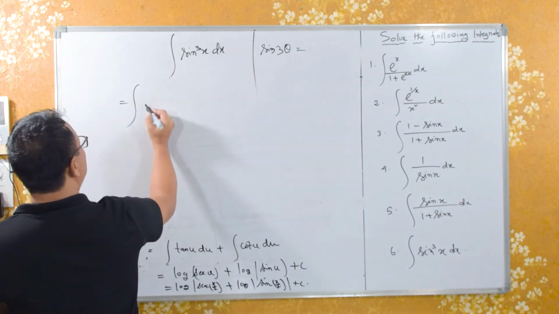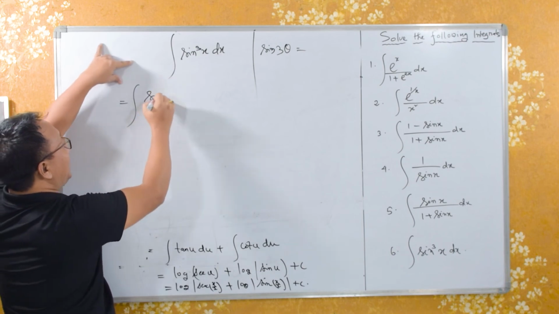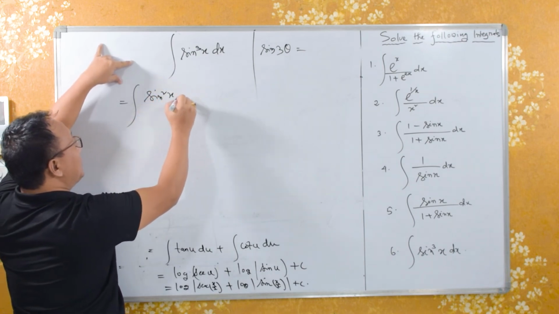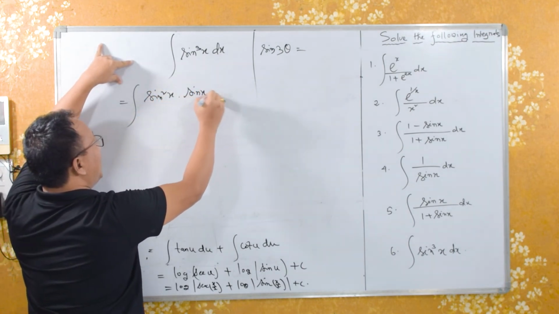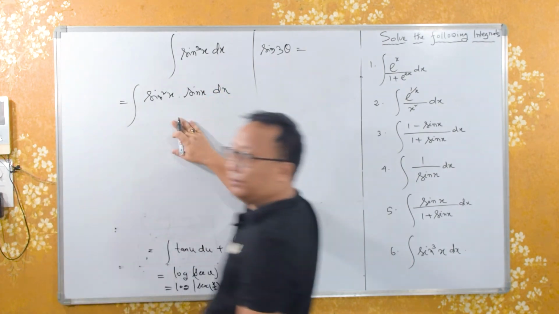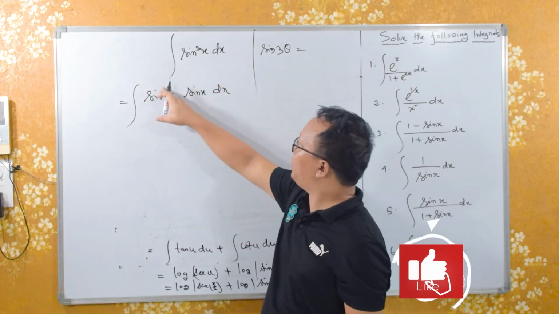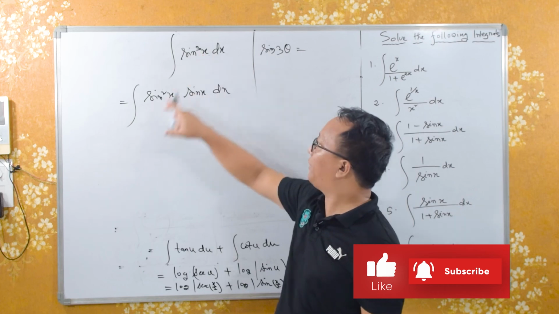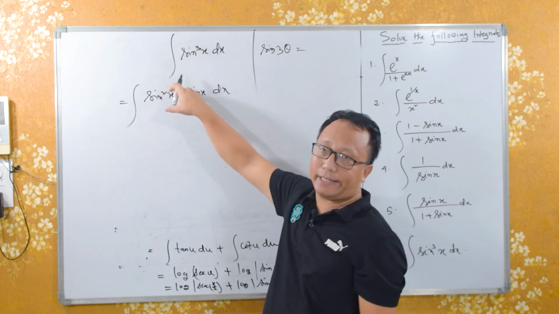Sine cube x is the same as sine square x into sine x dx, because 2 plus 1 is 3. Okay, the bases are the same, so we can add the indices.